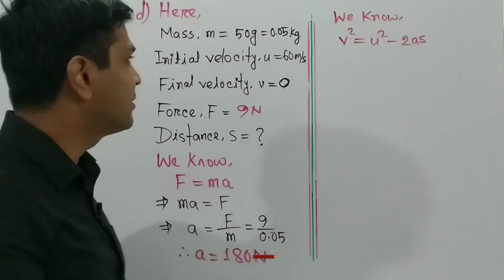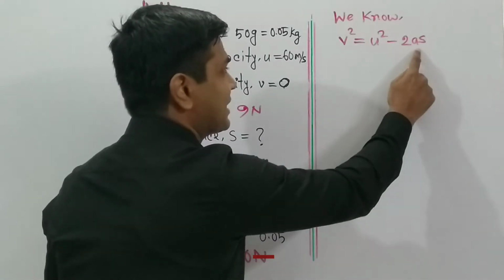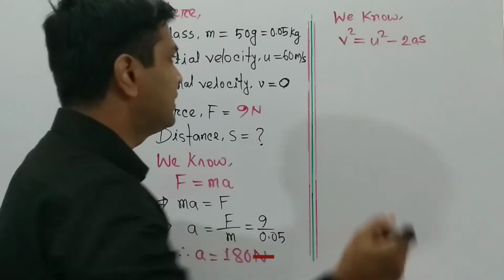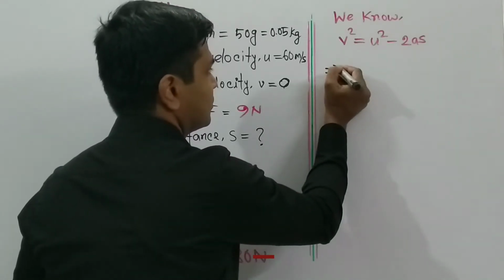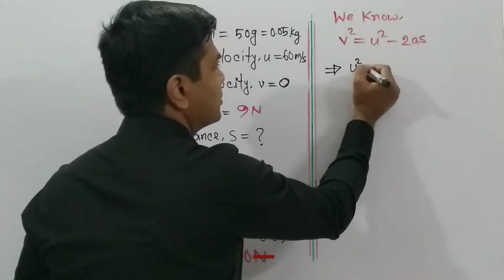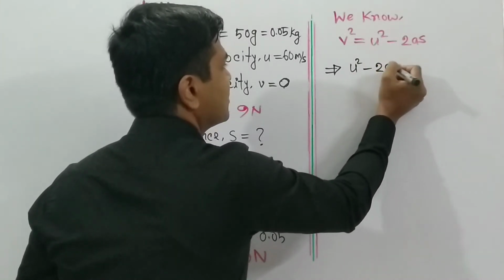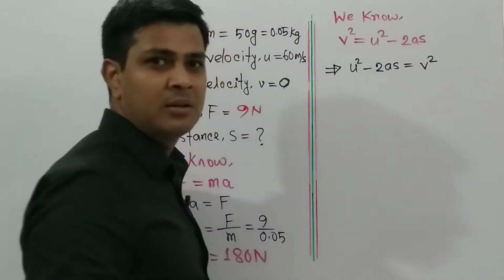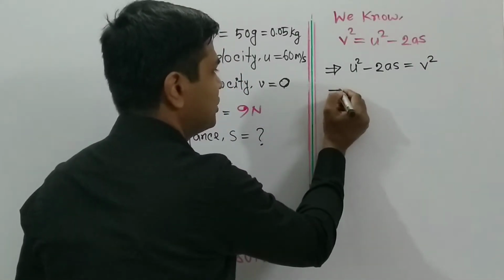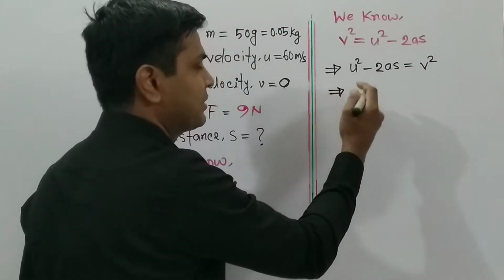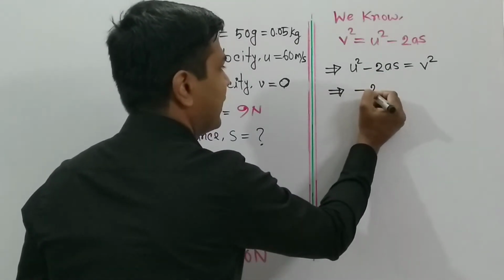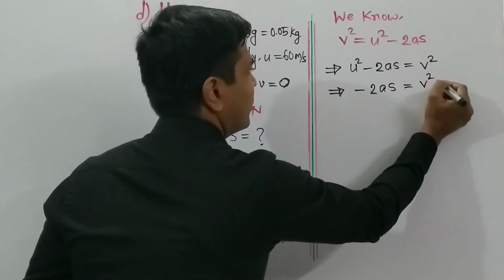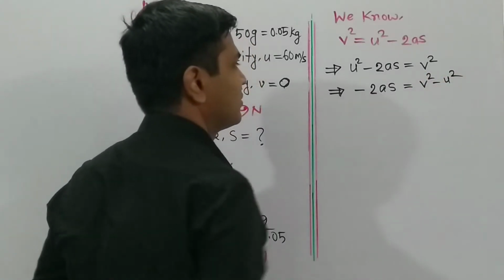Now if we change the position of u square minus 2as from left side to the right side, then we can write u square minus 2as equals v square. Now if we change the position of u square from left side to right side, then we can write minus 2as equals v square minus u square.